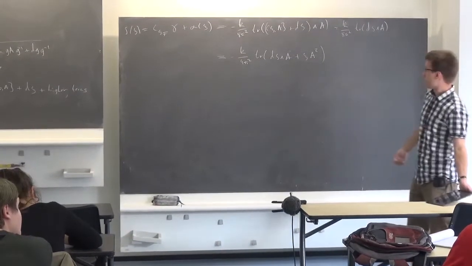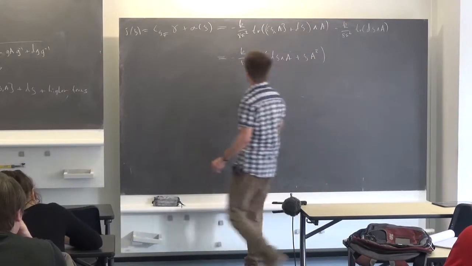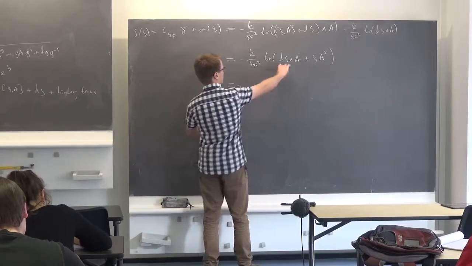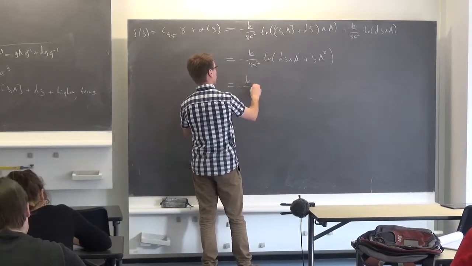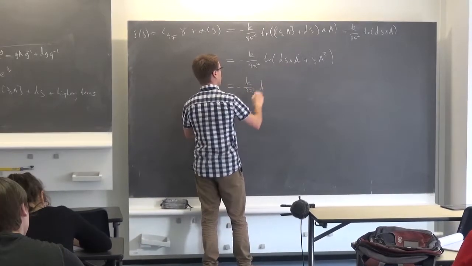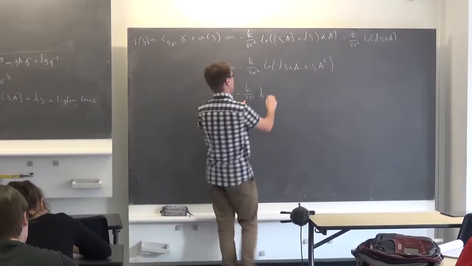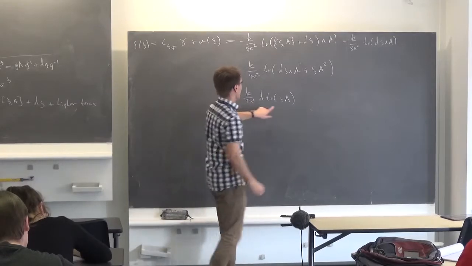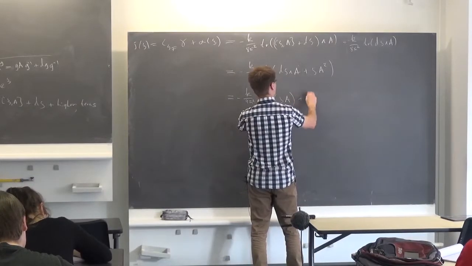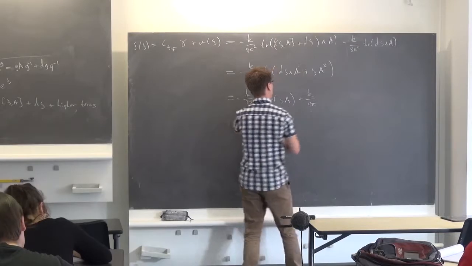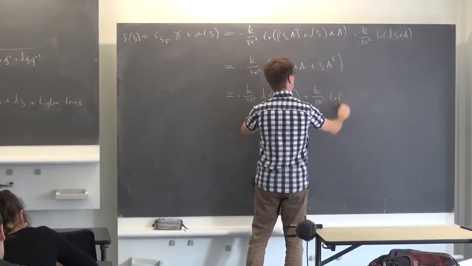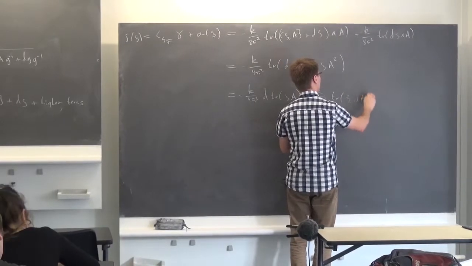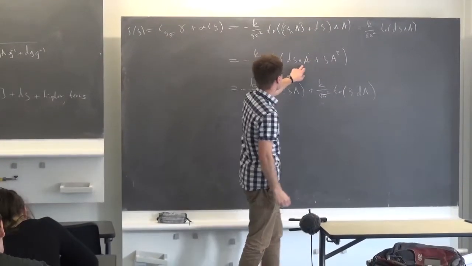And now let's integrate by parts the first term. We get minus k over 4 pi squared d trace xi A. And then we'll have plus k over 4 pi squared trace of xi dA from here.